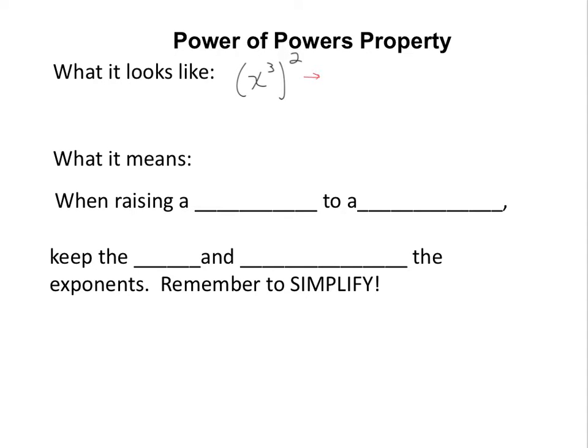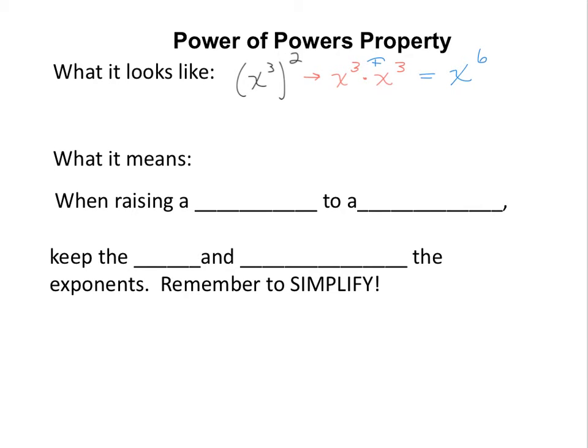So we're doing x to the third power times x to the third power. We've reviewed that when we're multiplying like bases, we can take that shortcut that tells us we could add the exponents together. So we would get an answer of x to the sixth power.